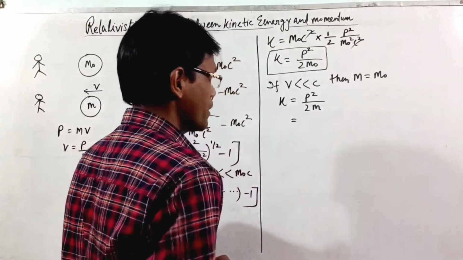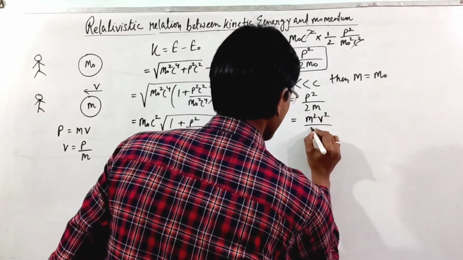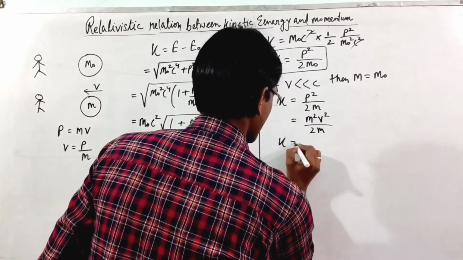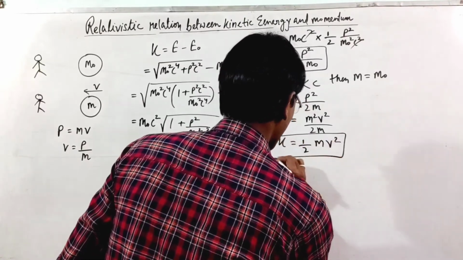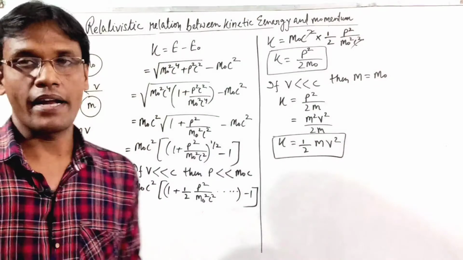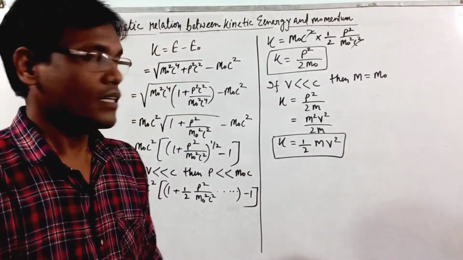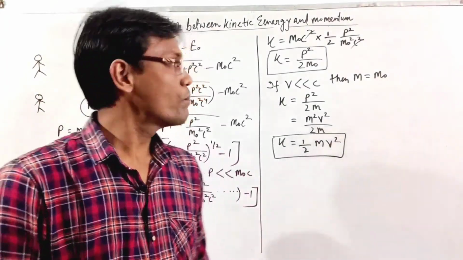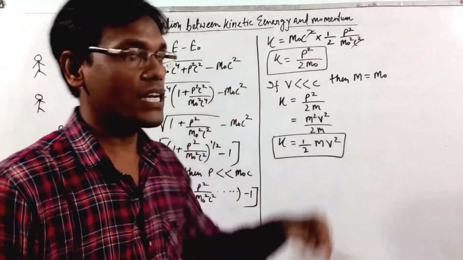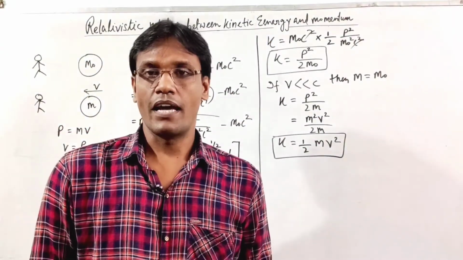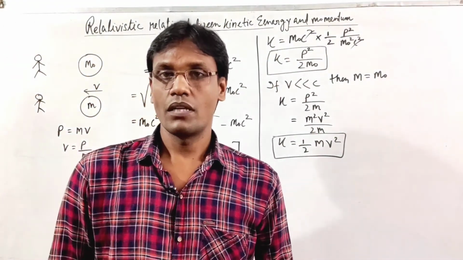Now p equal to mv, so p square equal to m square v square, divided by 2m. So kinetic energy is equal to half mv square. This is our general formula of kinetic energy for small velocity. In this way, we can prove and find the relationship between kinetic energy and momentum of a particle. And previously we discussed the energy and momentum of a particle.